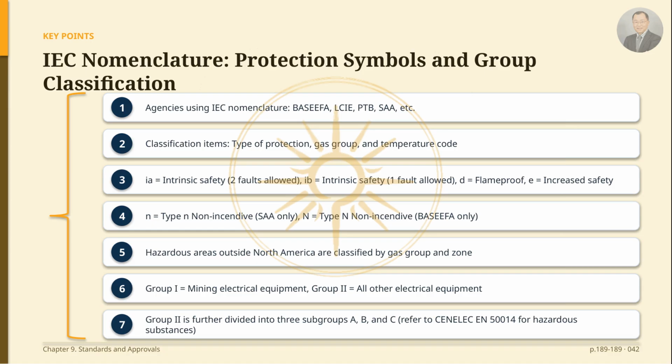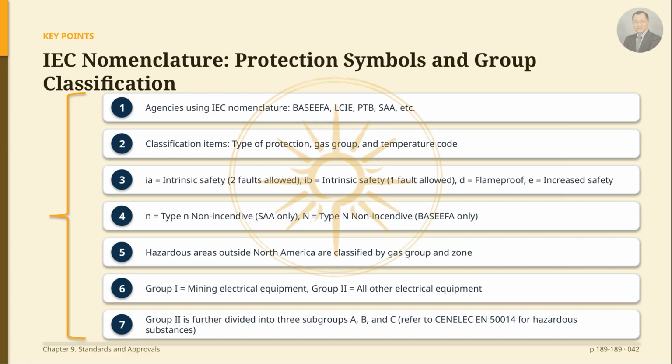I would like to introduce the classification method used by approval systems that follow IEC nomenclature. Agencies such as BSIFA, LCIE, PTB, and SAA use IEC nomenclature to classify equipment for hazardous locations based on 3 items: type of protection, gas group, and temperature code.